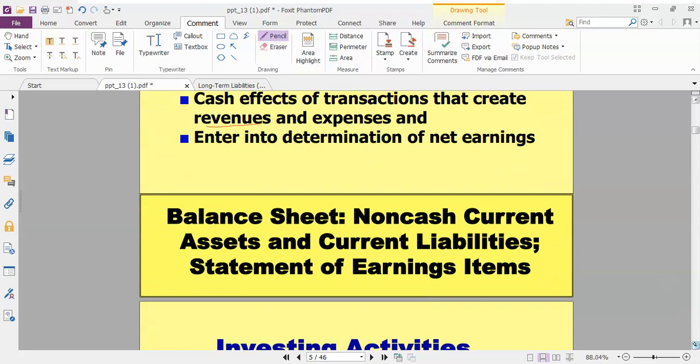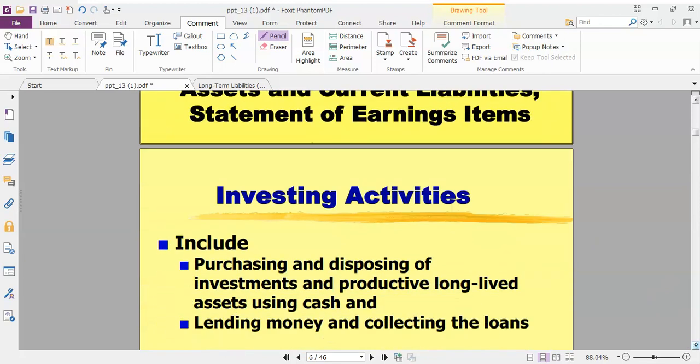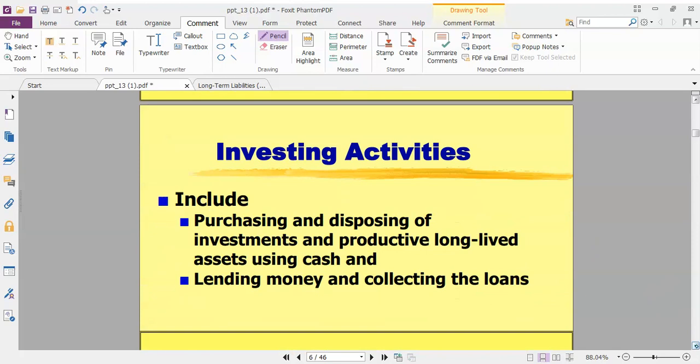Balance sheet is equal to non-cash current assets and current liabilities, and statement of earnings items. For investing activities, it includes the purchasing and disposing of investments and productive long-lived assets using cash, and lending money and collecting the loans.